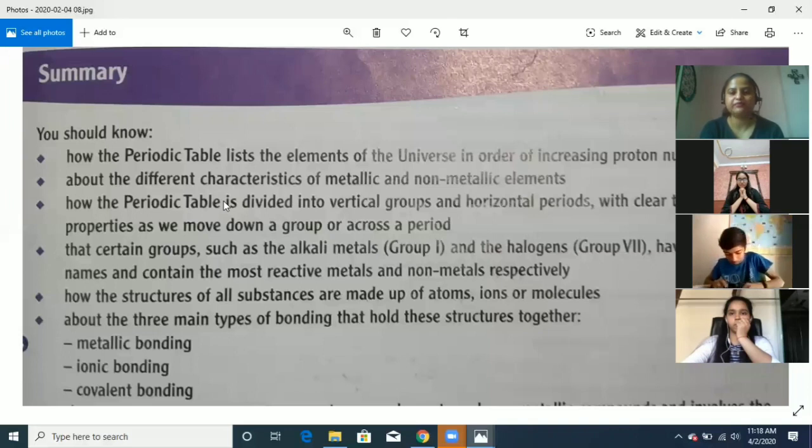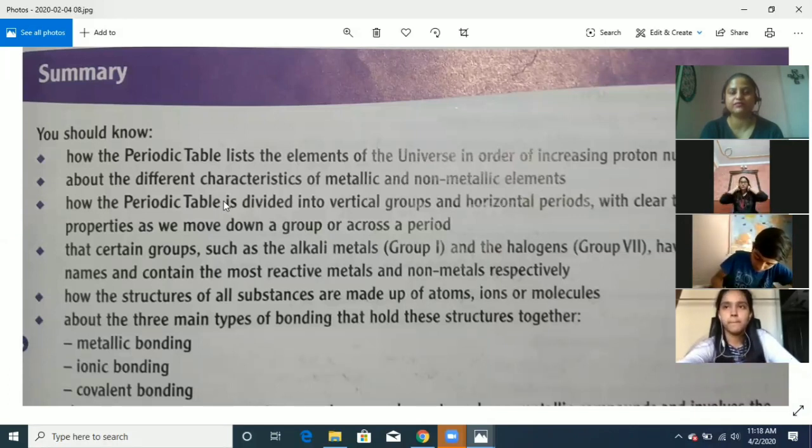But that periodic table is not fit for all the elements. When new elements were discovered, the Mendeleev periodic table was not suitable for explaining all the properties. Then the modern periodic table was formed by scientists, and in the modern periodic table, all the elements of the universe are arranged in the order of increasing proton number.